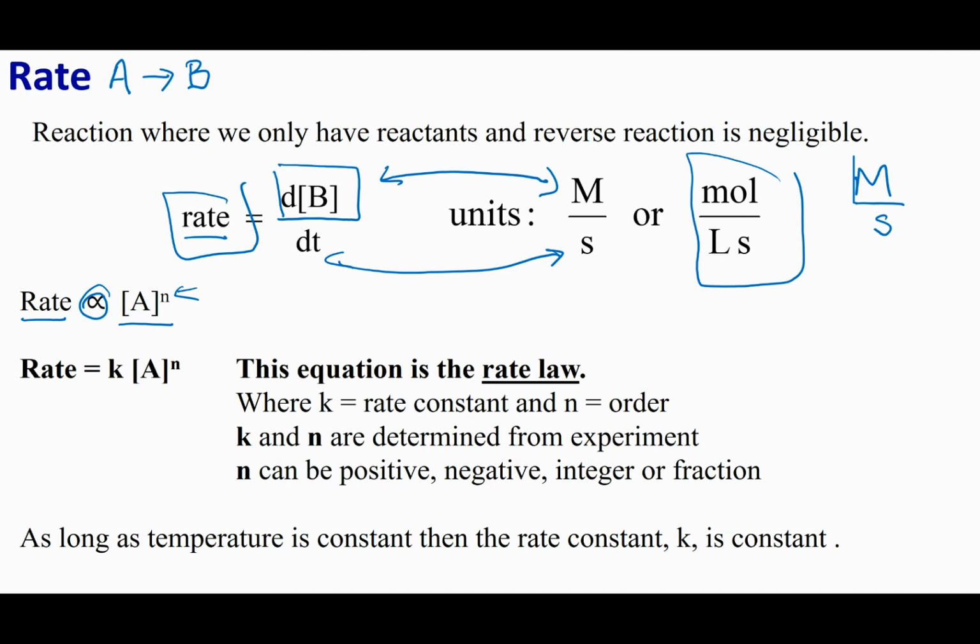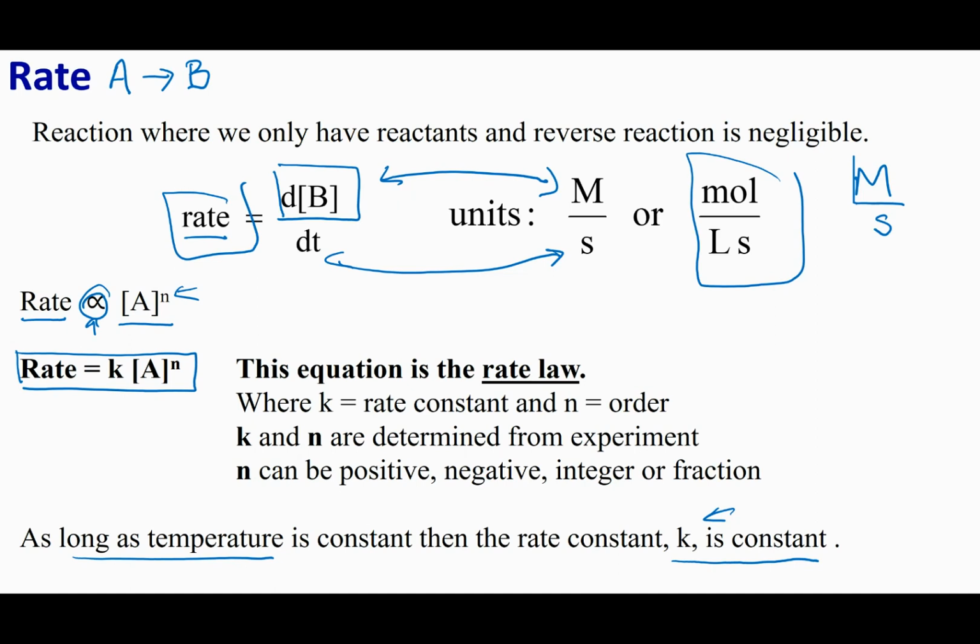Now, I'm going to describe this in terms of an equation. So instead of that proportionality, we're going to go ahead and use K, which is going to be called our rate constant. Now, the rate constant right here is small k. Big K is for equilibrium constant, and as long as my temperature is constant, my K, my rate constant, is going to be constant as well.